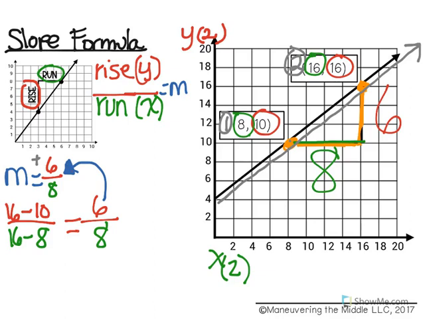I know 16 was my second point, and it was y2. And I know that 10 is also a y, but it was from the first point. So I'm subtracting them. My x's, I said 16 was my second x, and I'm subtracting by my first x.